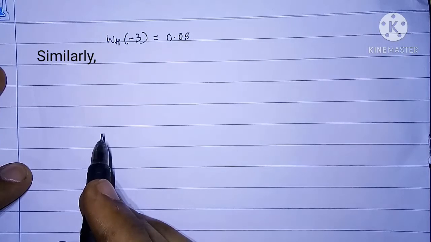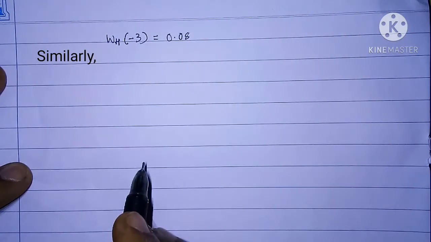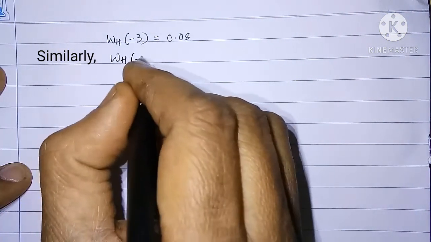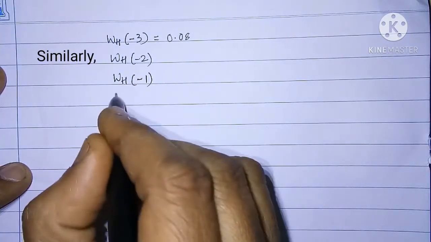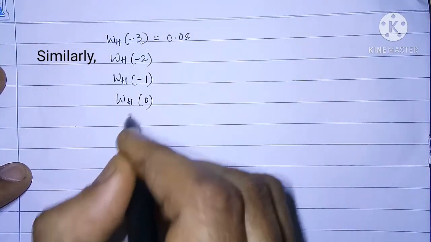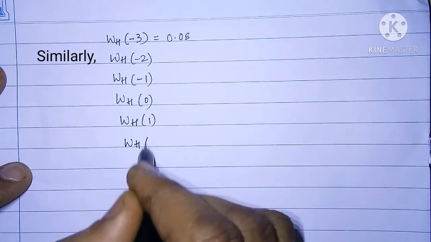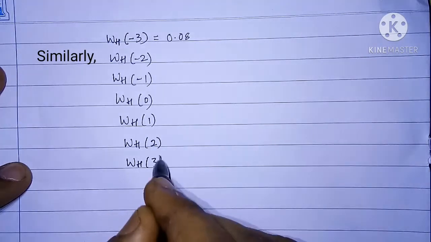Similarly, we have to calculate WH of minus 2 to WH of 3. So WH of minus 2, WH of minus 1, WH of 0, WH of 1, WH of 2 and WH of 3.